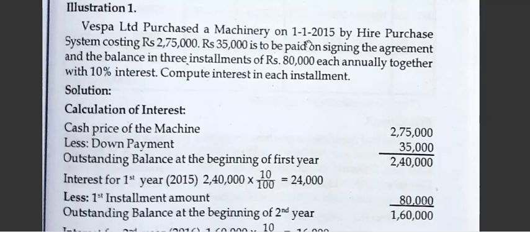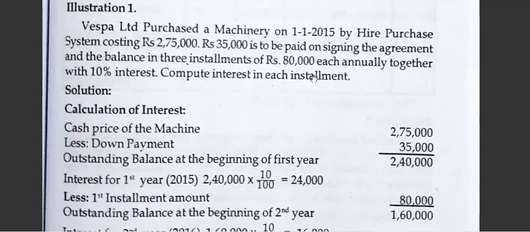Now in this problem, first you have to check what information is given. You have a cash price, you have the installment amount, you have the rate of interest. Again you check whether interest is included in the installment amount.